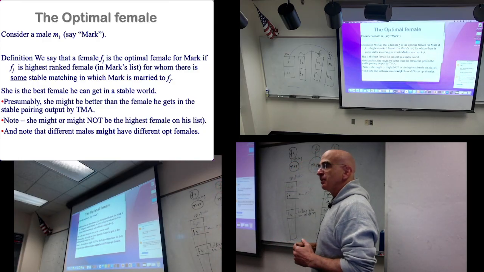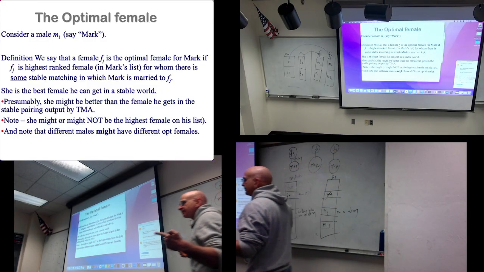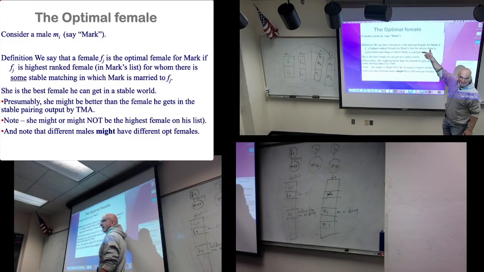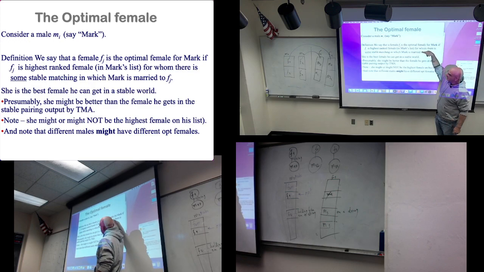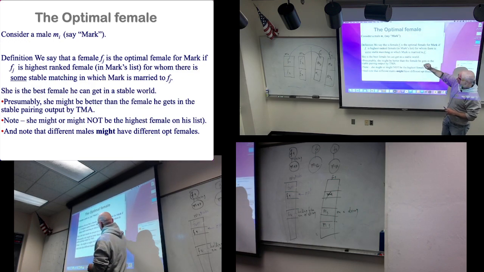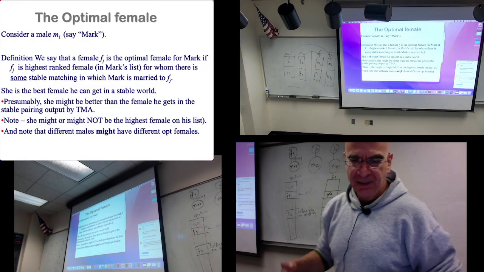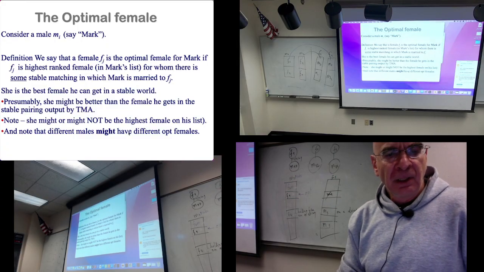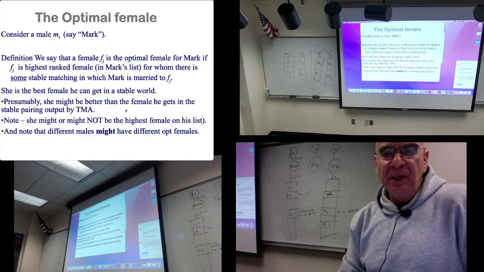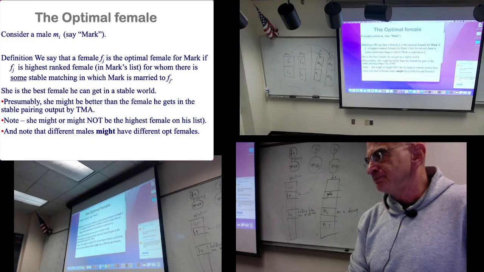Out of all the possible stable matchings, not all possible matchings, because many of them are not stable, she's the highest ranked female that Mark might get. In his world, she's the only one he realistically can hope for in a stable world.